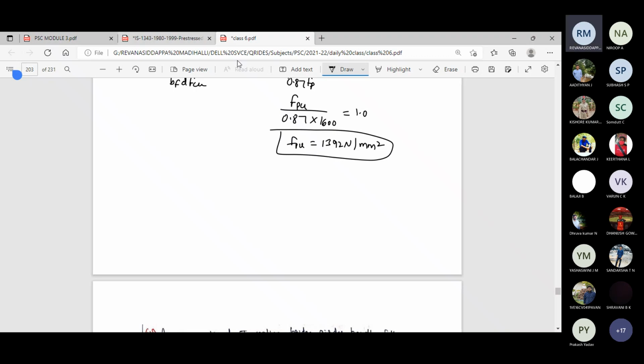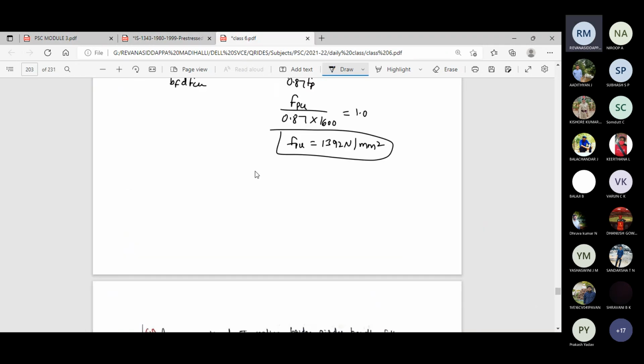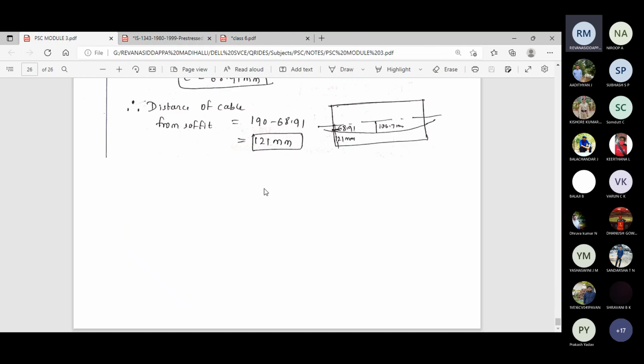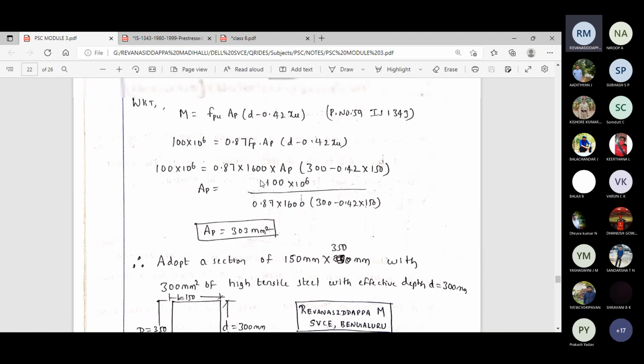Now you can utilize the formula of Mu equals fpu into Ap into d minus 0.42 xu. This formula is applicable only when depth of neutral axis lies within the flange. If the depth of neutral axis lies within the web, what is the formula which we have to use? Let me go to the theory part.